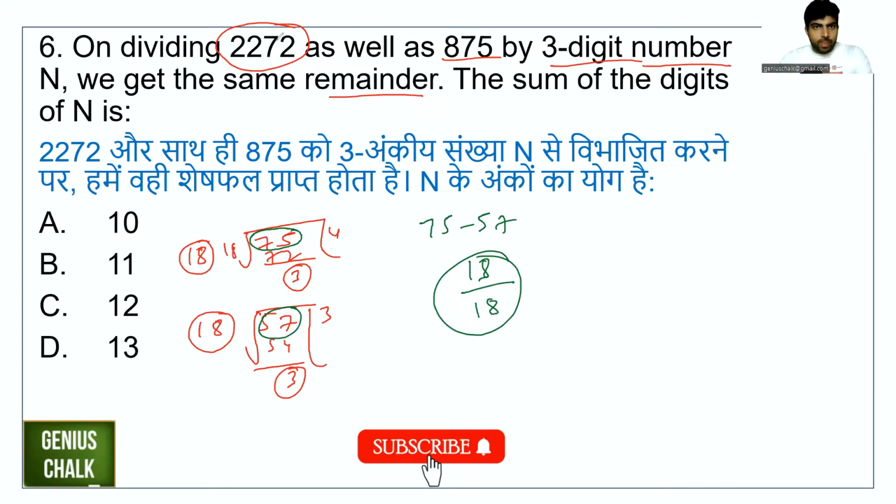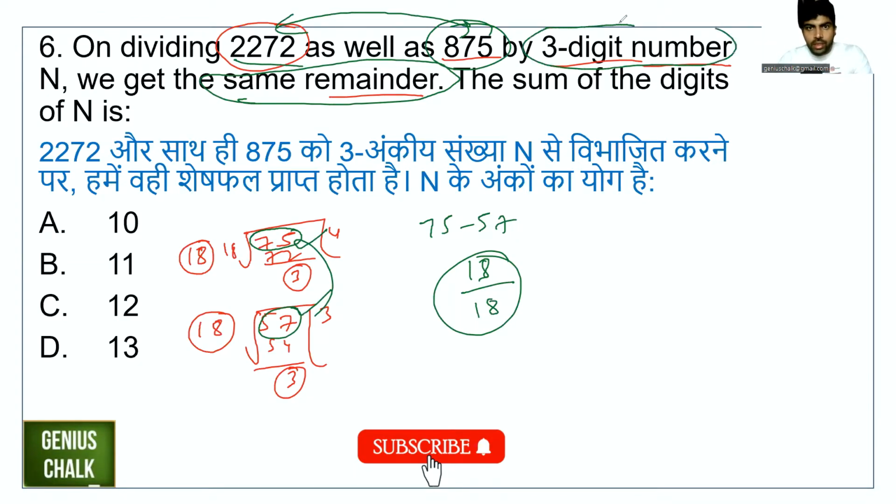Or you can say, if I take the difference of these two numbers, then they will leave the same remainder, because 75 and 57 were giving the same remainder, right? So this is the concept, that we need to subtract both these dividends, because they are being divided by the same number and they are leaving the same remainder as well.